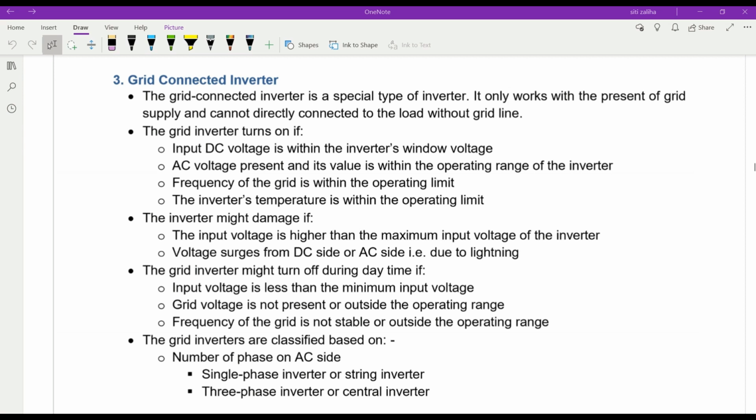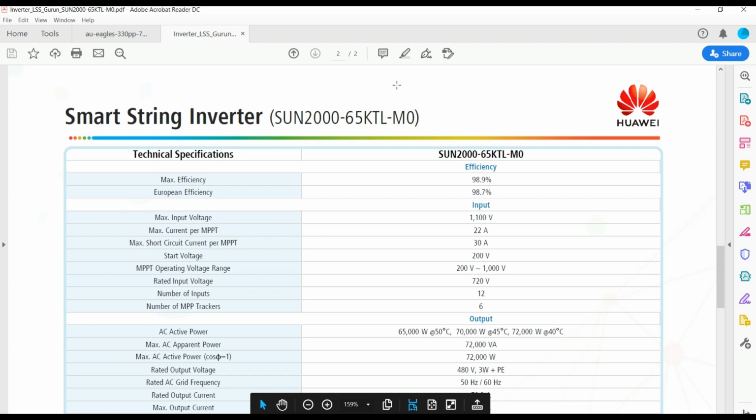So let's check this inverter window voltage. Okay, we refer to this smart string inverter by Huawei, model SUN2000-65KTL-M0. So the maximum input voltage is 1100 volt. This means when you make a series connection of your PV modules, make sure it's not over 1100 volt.